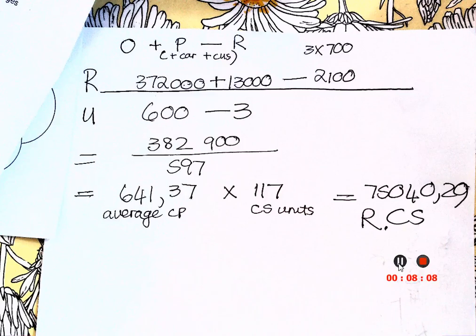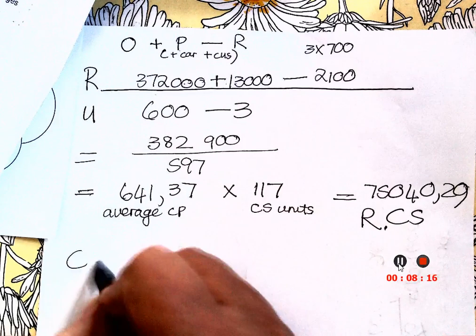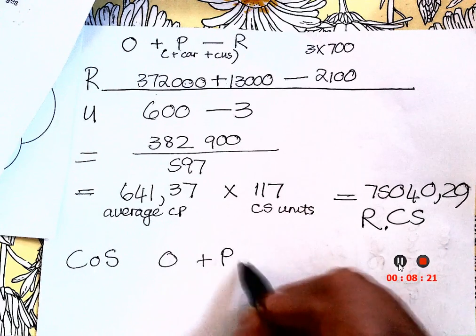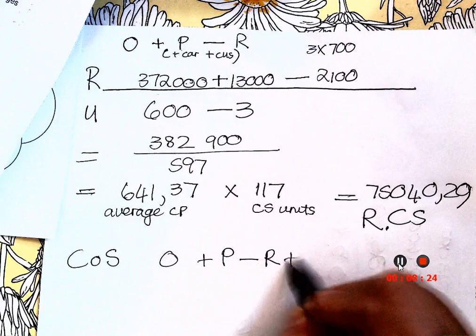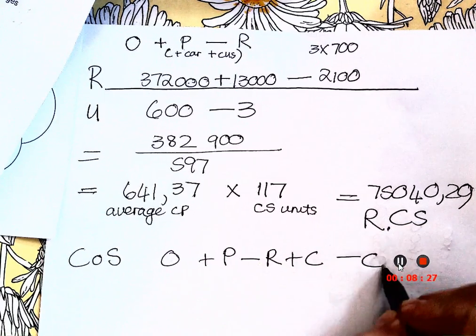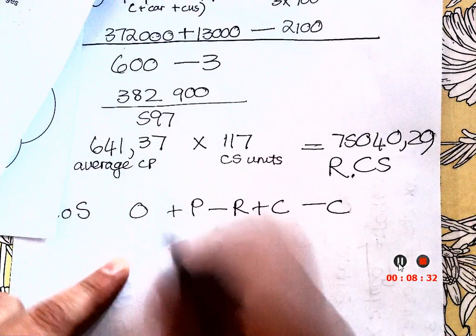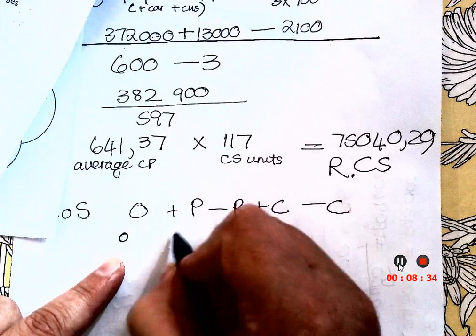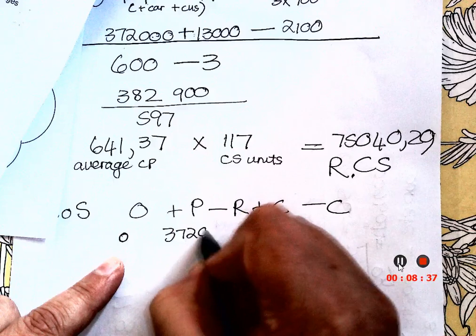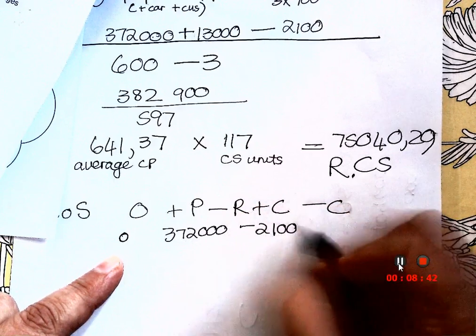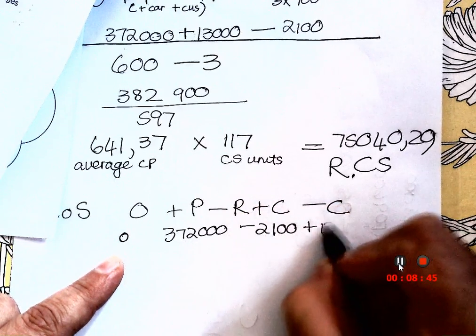Okay. So now, if I want to do the cost of sales, I can again do the opening plus the purchases, less the returns, plus the carriage, less the closing. Okay? I can do that. I don't have an opening. My purchases was 372. My returns was 21. My carriage was 13.